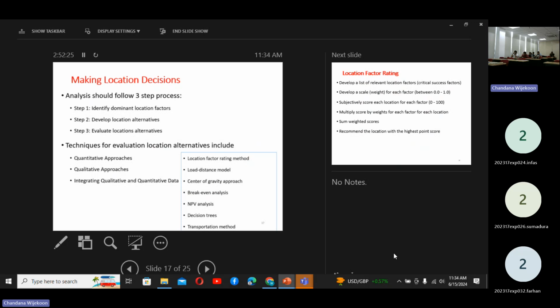Assume that you are given 3 locations. You are to identify the most important location factors for supermarket outlets, and then you are given the 3 specific sites. You are asked to use the location factor weighting method and accordingly recommend the best location for the manager.